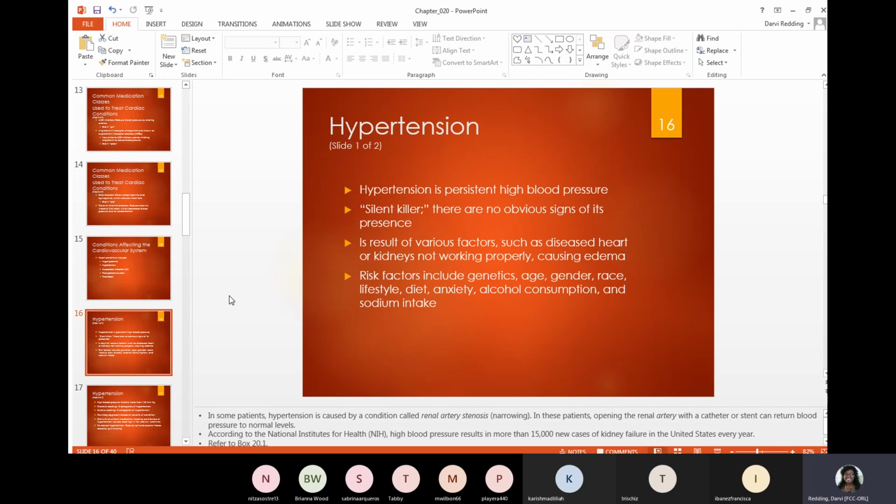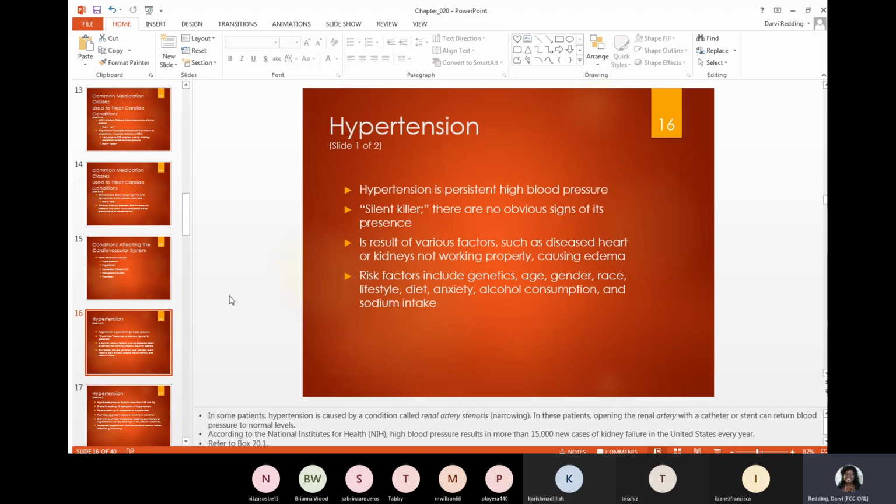That means every time it gets checked, it's always high. Now, it's important to understand hypertension is better known as the silent killer. This is because there are no obvious signs of its presence, so it can just sneak up on somebody. It's the result of various factors such as a diseased heart, or maybe the kidneys are not working properly, which can also cause edema. And edema is a medical word for excessive swelling.